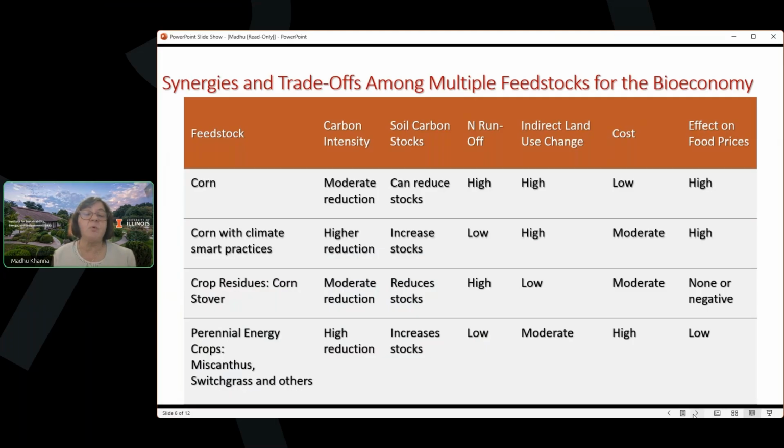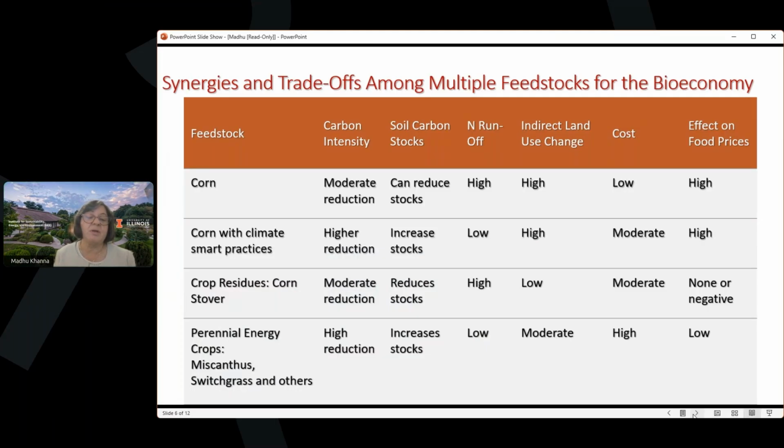But if we grow corn with climate smart practices, then we can have much greater carbon intensity reduction. We can increase carbon stocks, lower nitrogen runoff, and also have less negative impacts on land use, but the cost goes up.